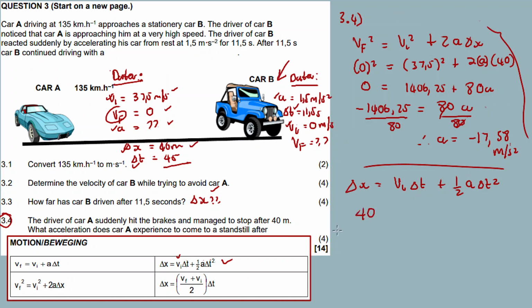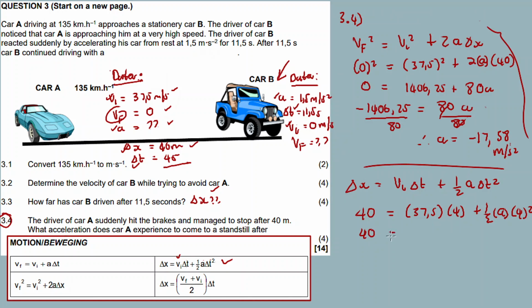This is the formula that allows us to use time. Anyway, let's continue. Initial velocity 37.5 times delta T of 4, plus 1/2 times the unknown acceleration times delta T of 4 squared.